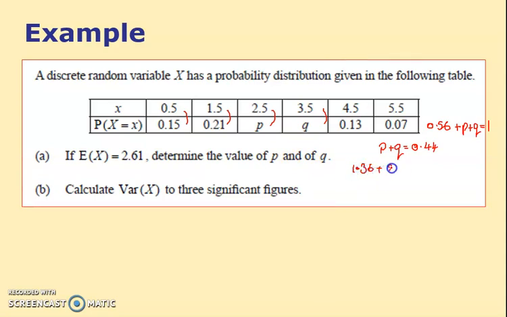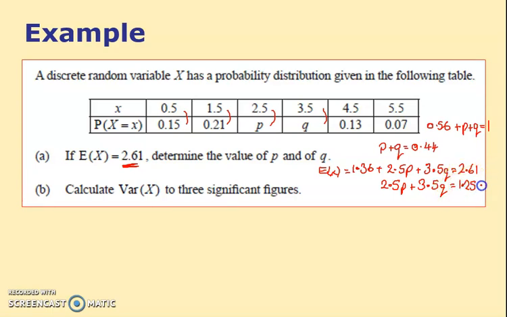But don't forget, I've missed out the 2.5 times the P plus the 3.5 times the Q. And it tells me what the answer is when you're doing this. It's 2.61. So when I'm finding this E of x, this is what I get. Now I'll tidy this up a bit. I get 2.5p plus 3.5q. And if I do the 2.61 minus that, I get exactly 1.25.